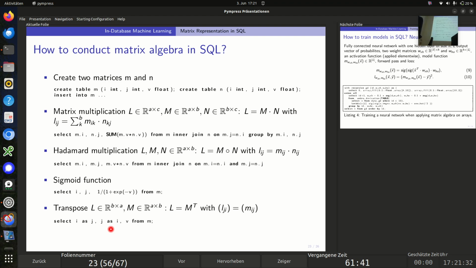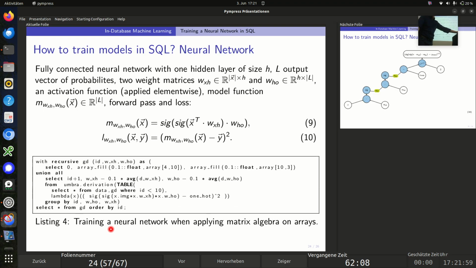Now you have seen basic automatic differentiation, and you have seen matrix algebra in SQL, and now we can put this together. In machine learning, I have weight matrices that are multiplied with each other to approximate the one-hot encoded vector.